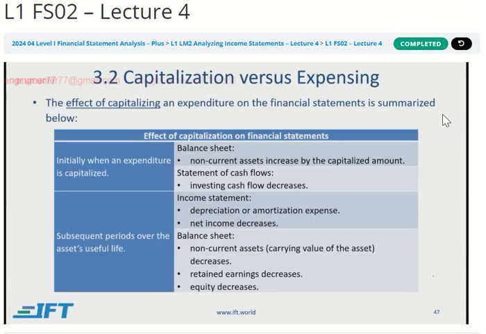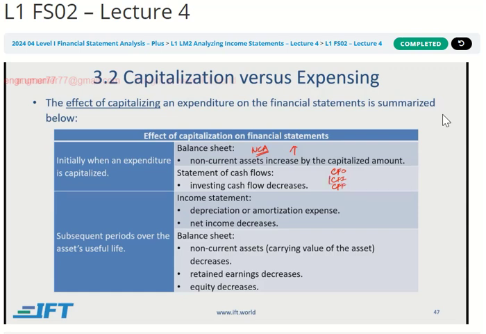And let's look at all the different impacts. So first of all, when you're going to capitalize it, your non-current assets on your balance sheet in your assets section will increase, right? In your cash flow statement, you have three sections: cash flow from operating activities, cash flow from investing activities, and cash flow from financing activities.